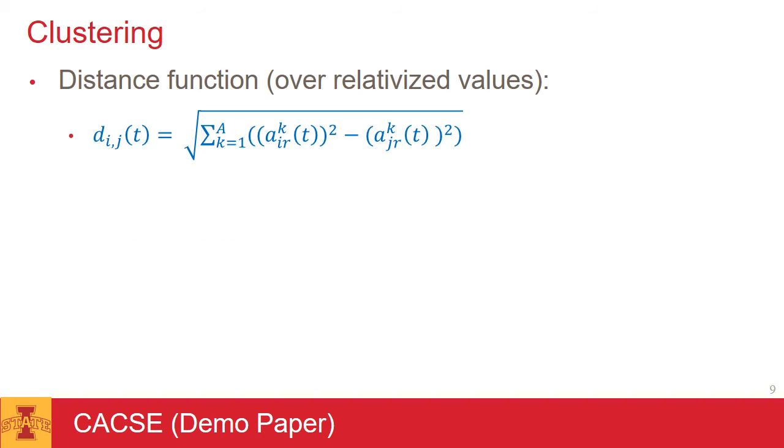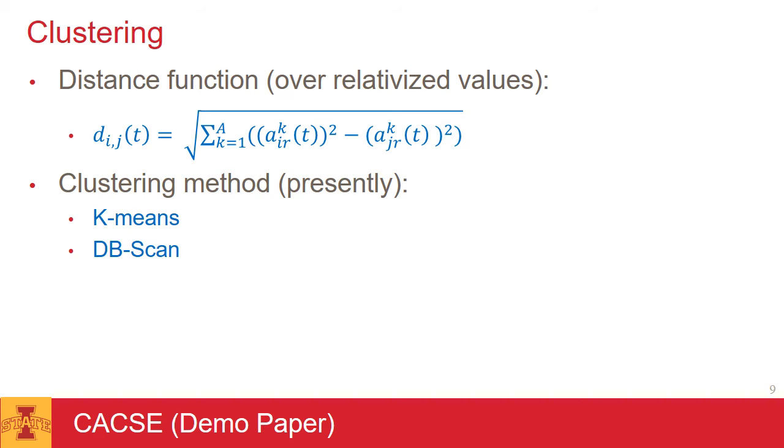Now, when it comes to clustering, we use the typical Euclidean distance functions over relativized values. At present, the CACSE system has two methods that the user can choose from, k-means and DBSCAN.